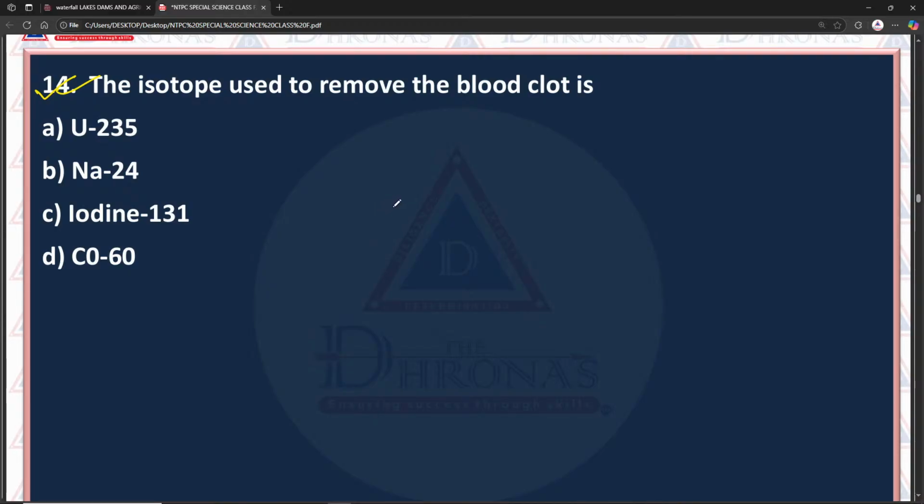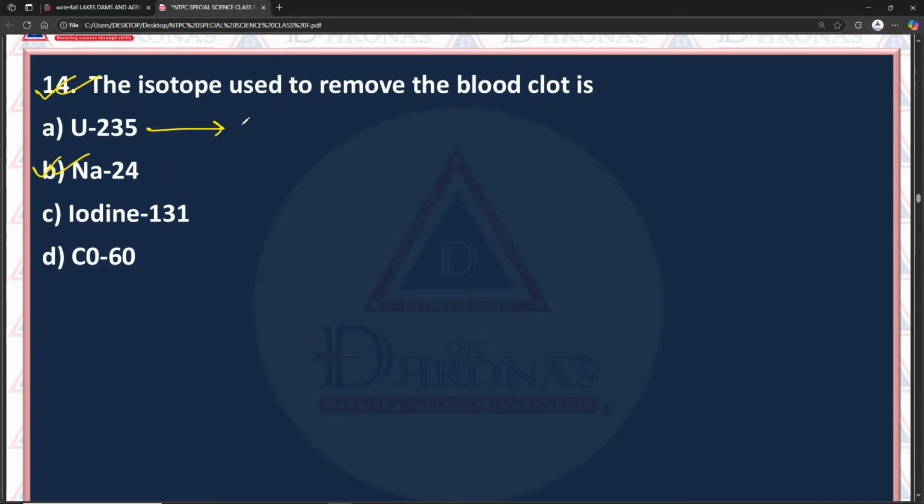Radioisotopes are used in different types of medical segments. B, correct. Sodium 24 is actually used to remove blood clot.